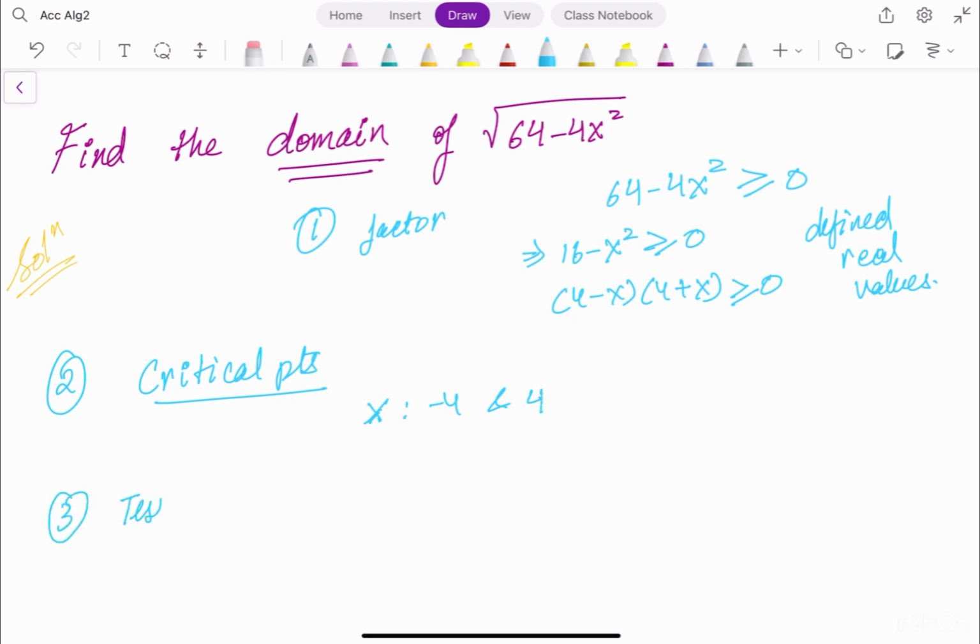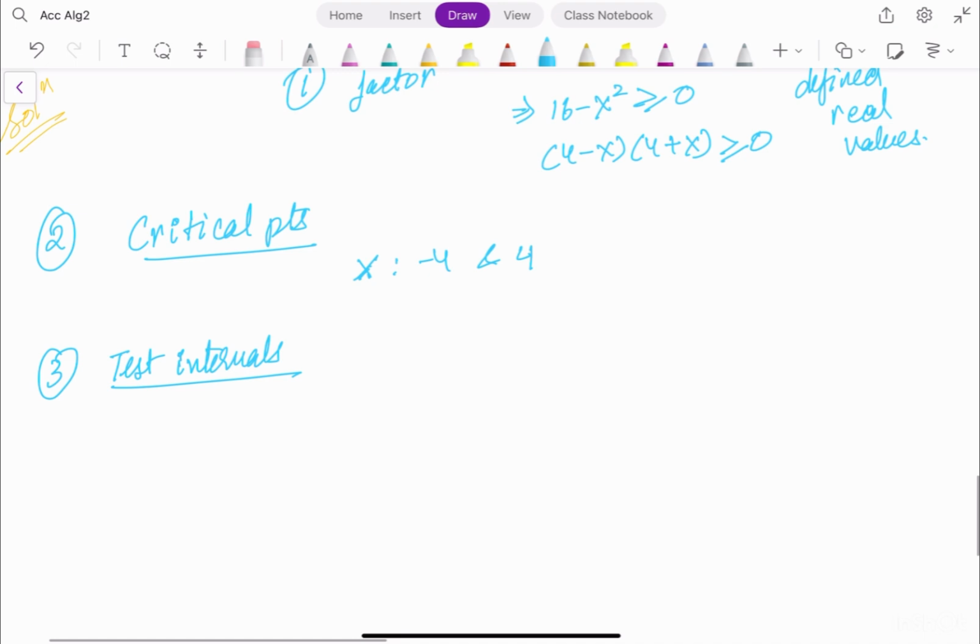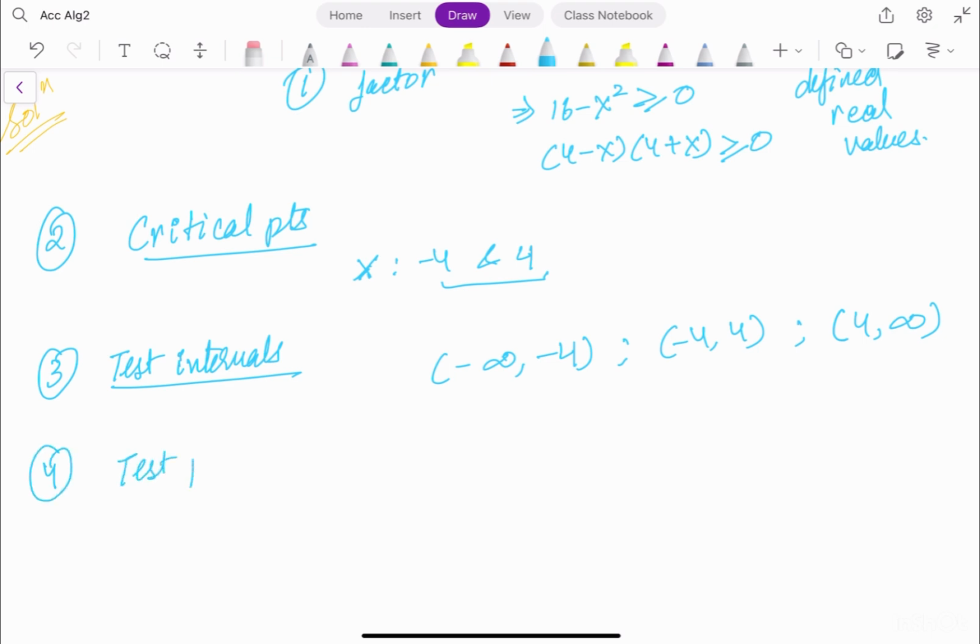Write the intervals, test intervals down. So the test intervals are, again, we have negative infinity to negative 4, then negative 4 to 4, and then 4 to infinity. See, negative 4 and 4, they are not in the closed brackets. The reason is they are my critical points, right?